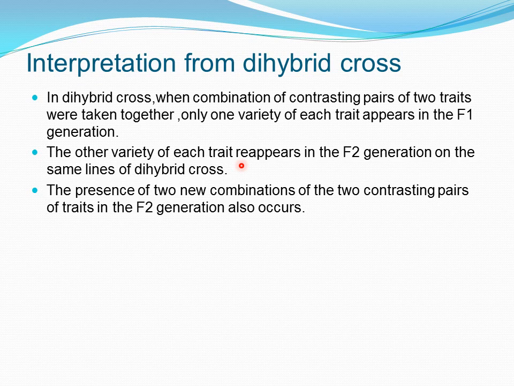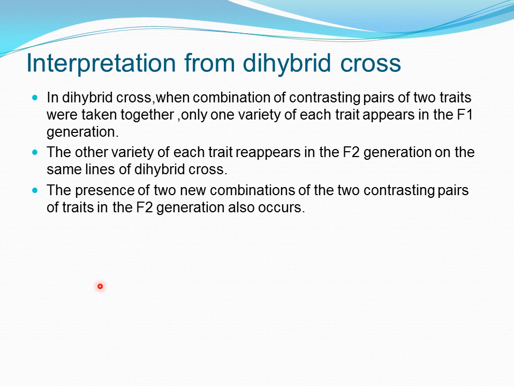It is almost similar to the monohybrid cross, where there was only one contrasting character. Here, a pair of contrasting two traits were taken, so it reappears in the F2 generation. And the presence of two new combinations of two contrasting pairs of traits in the F2 generation also occurs.